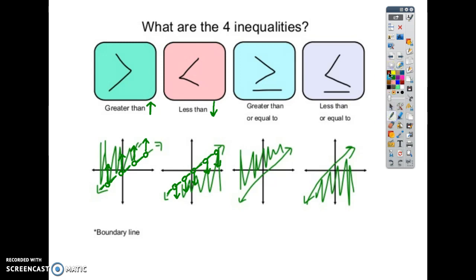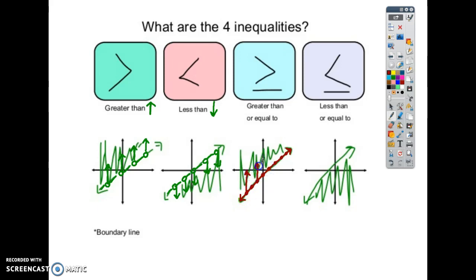Okay, these other ones are different. These are solid lines. Okay, that's why this line is solid. That means it has closed circles. All of these are solutions. Okay, if it's on a solid line, those are solutions. If it's on a dashed line, those are not solutions. So anything on a solid line, those are solutions.